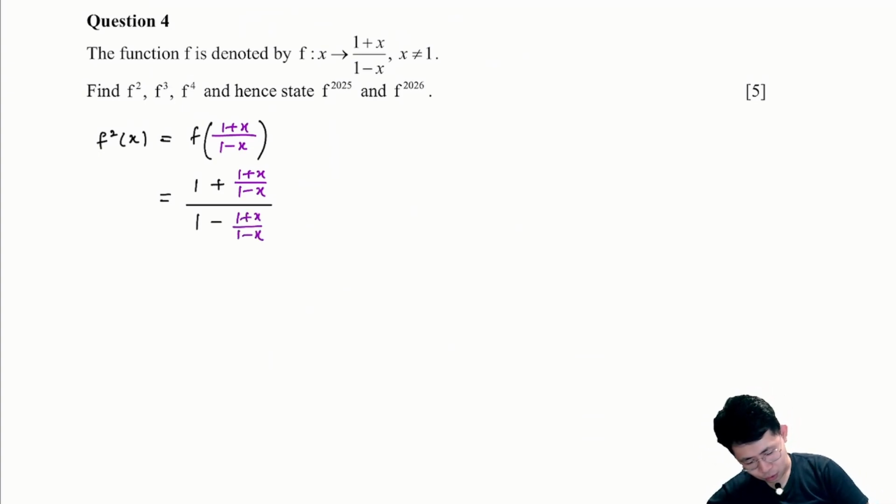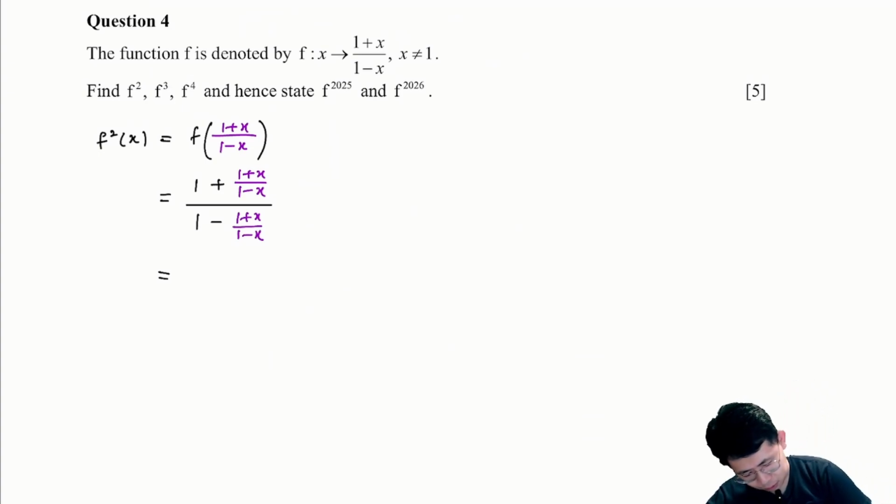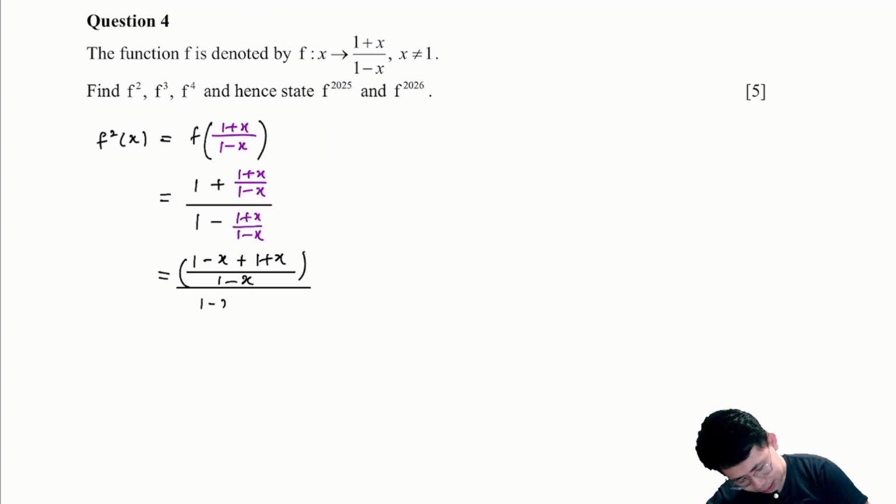Okay, so now making this fraction, so making common denominator, so 1 minus x plus 1 plus x, all over 1 minus x on top. Now, at the bottom, I will get 1 minus x minus the whole bracket 1 plus x. So this one, be careful, it's a very common error.